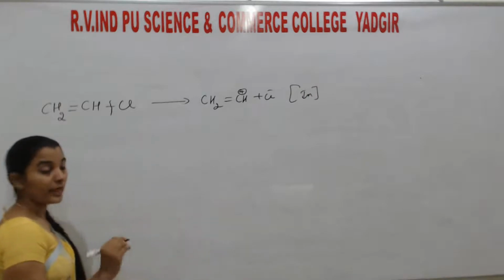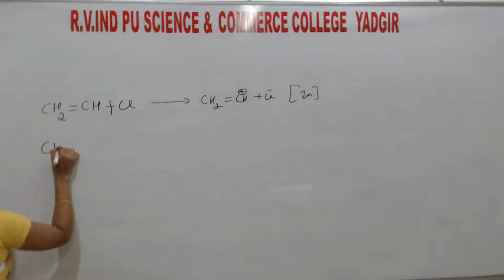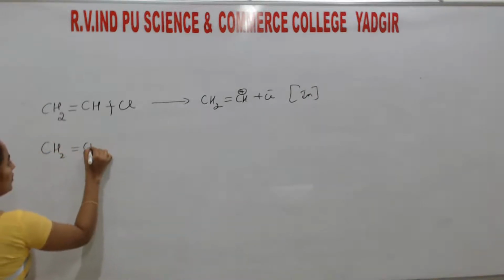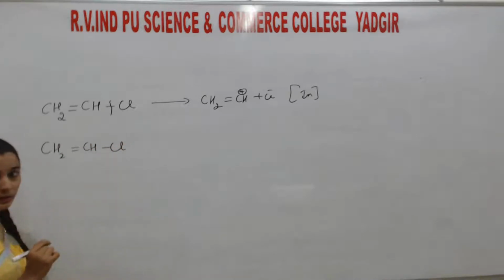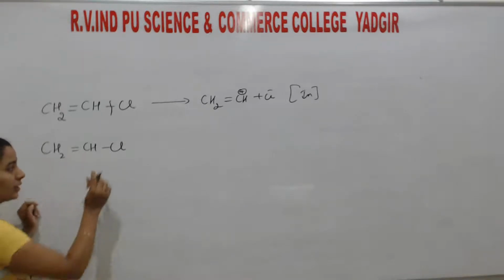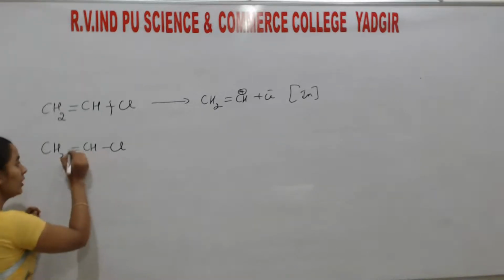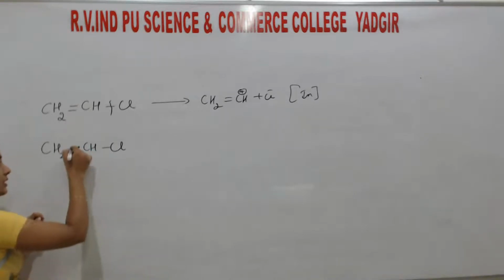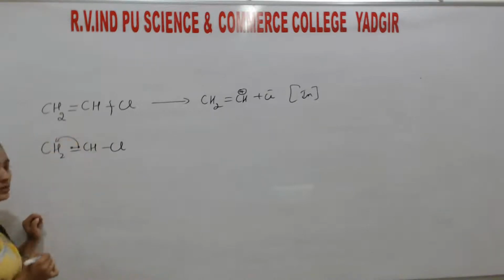Next, if it is electromeric, that is CH2 double bond CH Cl, the electron shift may take place to this or this. Listen here, Cl is there, these electrons are there, and obviously the electron shift is towards this.